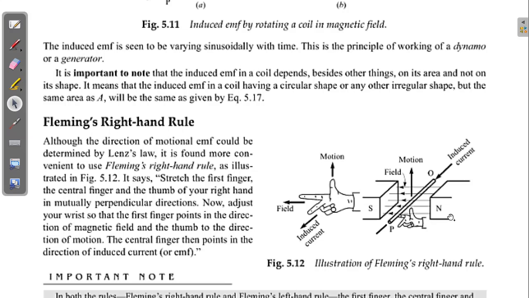The forefinger, the first finger, is along the direction of the magnetic field lines, and the thumb indicates the direction of motion of the conductor. Then the center finger or middle finger indicates the direction of the induced current. That is Fleming's right hand rule.